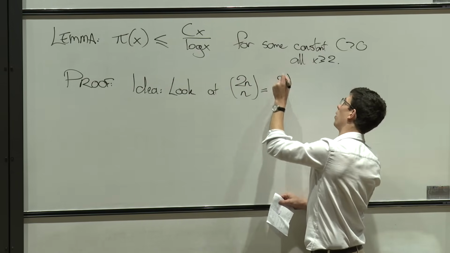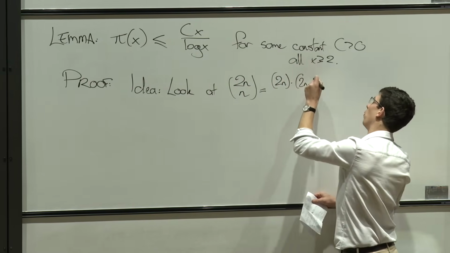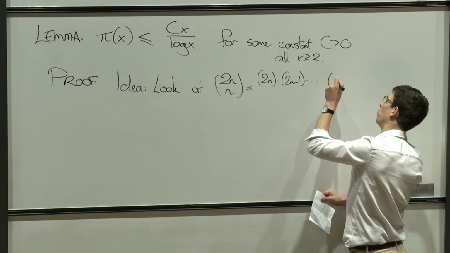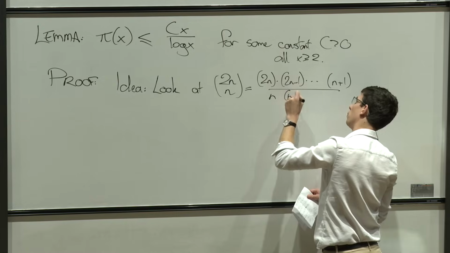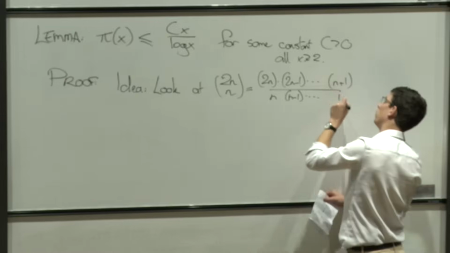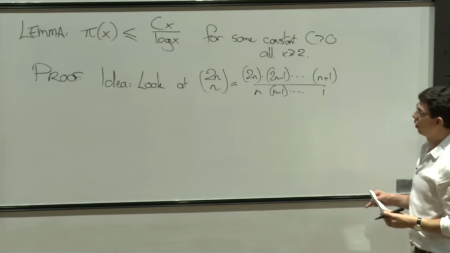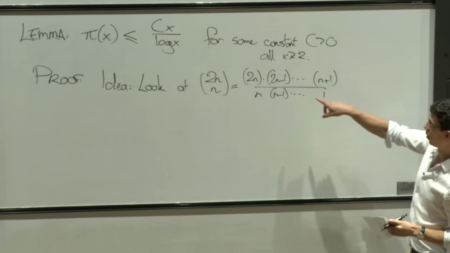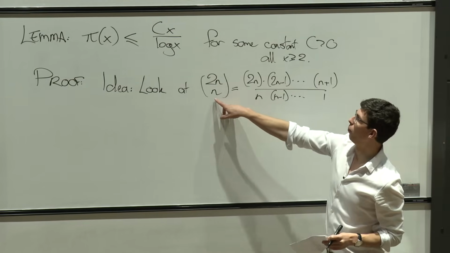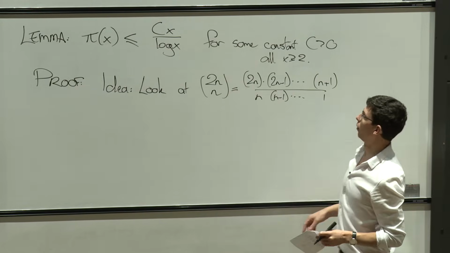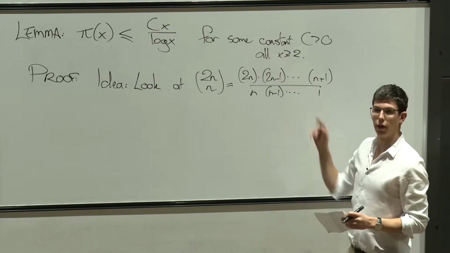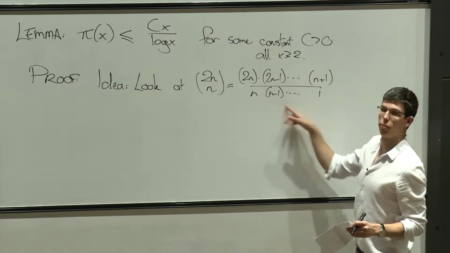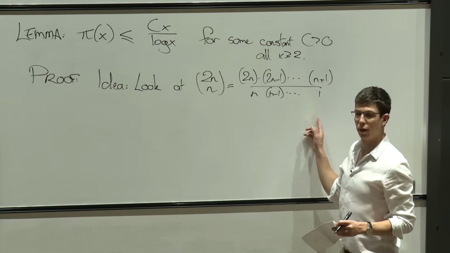So this is 2n times 2n minus 1 up to n plus 1 over n times n minus 1 down to 1. So every prime which is bigger than n and smaller than or equal to 2n appears in this numerator, but none of those primes divide the denominator.